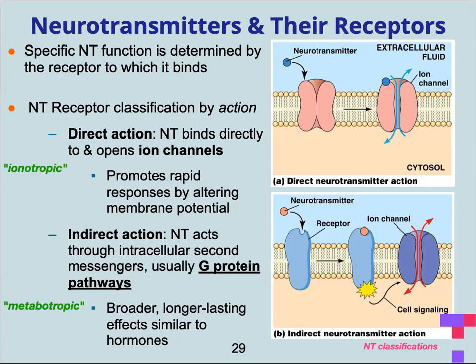Whether it's the ligand binding and activating the GPCR, activating the G protein, then activating adenylyl cyclase, that then turns ATP into cyclic AMP, and cyclic AMP activates protein kinase A. Each of those steps has another level of amplification. So this type of action tends to take longer to occur, but also has a much broader effect.